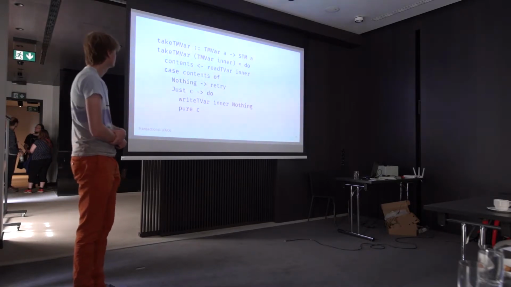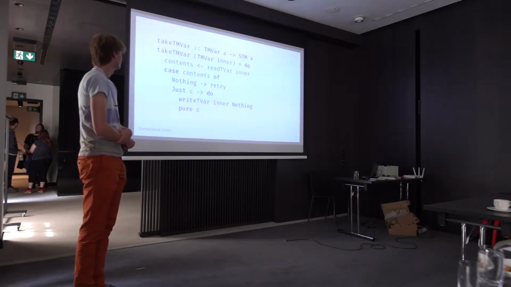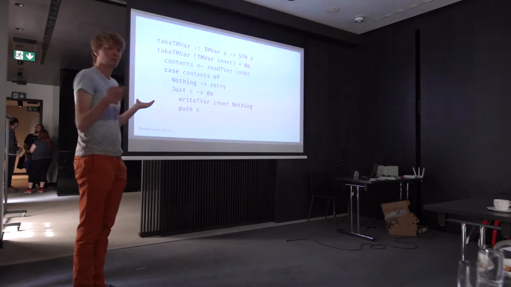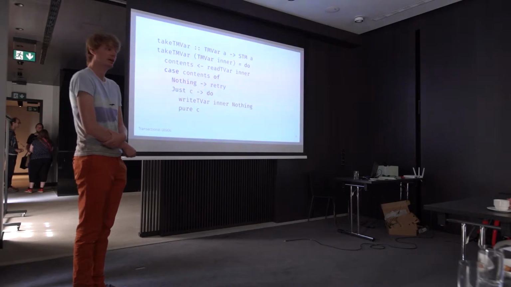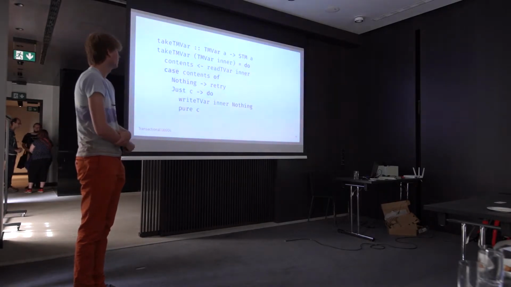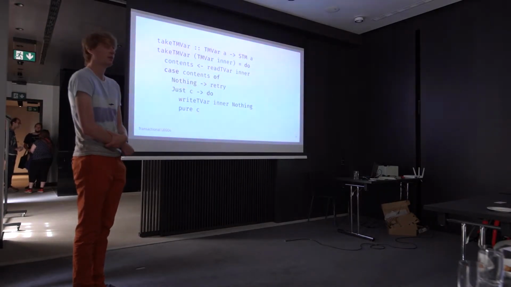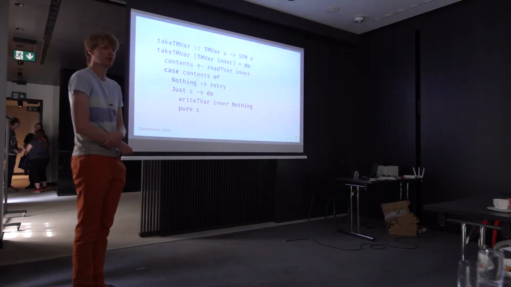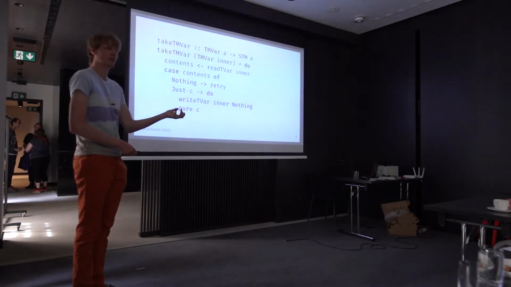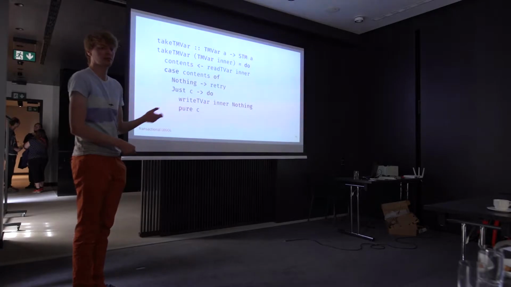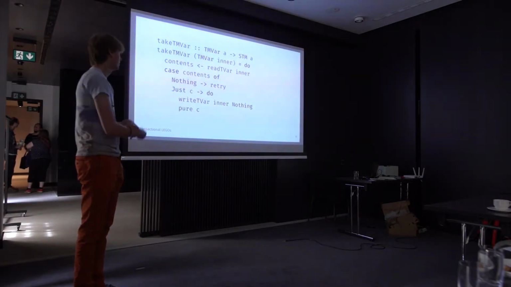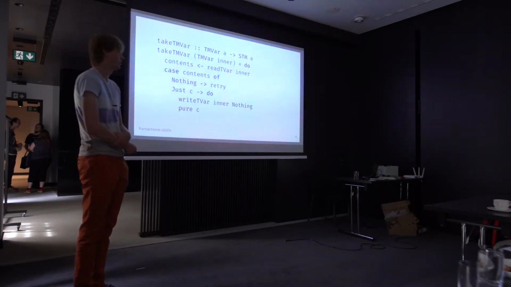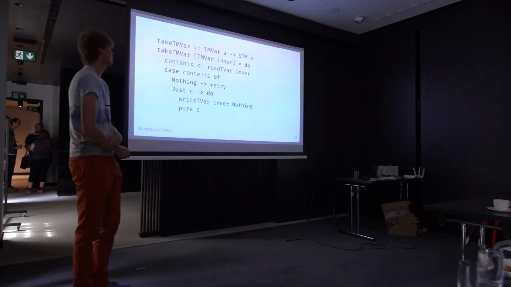All right, cool. So that's basically the API. There's some other convenience functions in there that you might use. Like there is a peek-like operation where you can read the contents but leave the variable populated. And there's a bunch of other utilities. This is the gist of it.